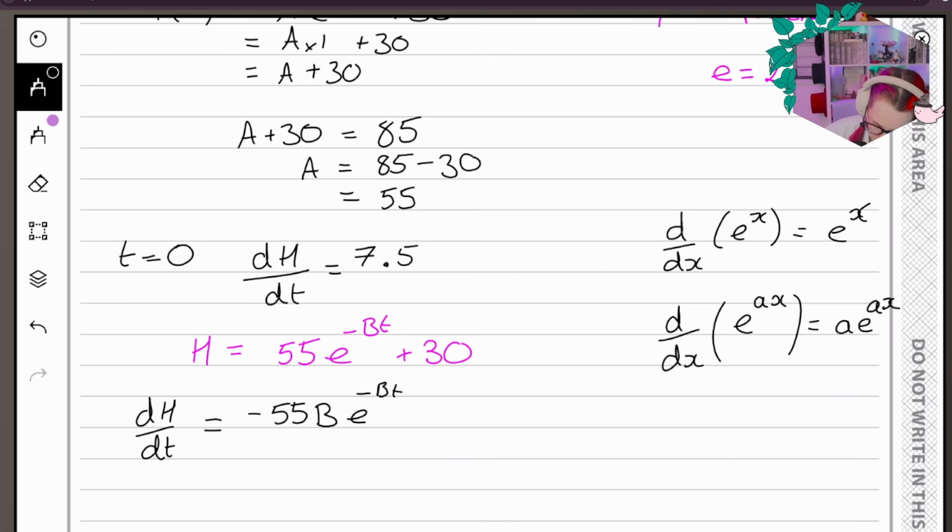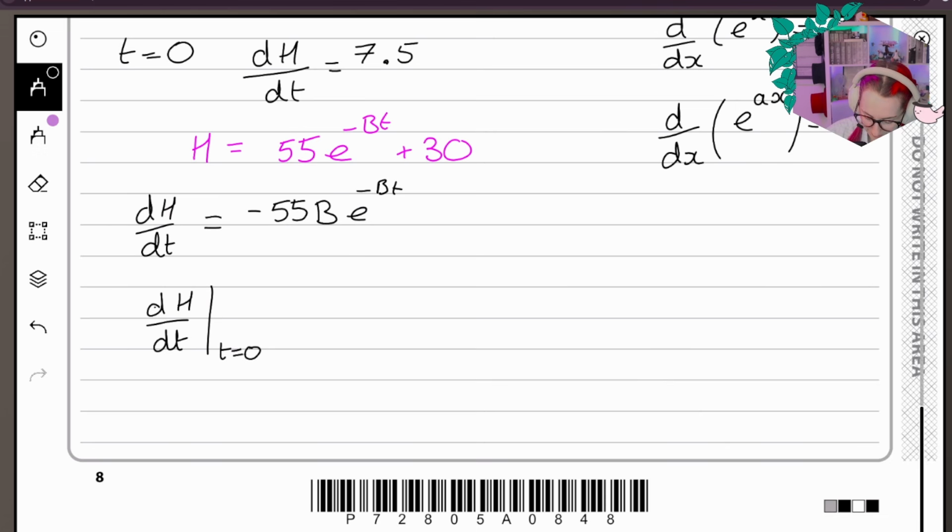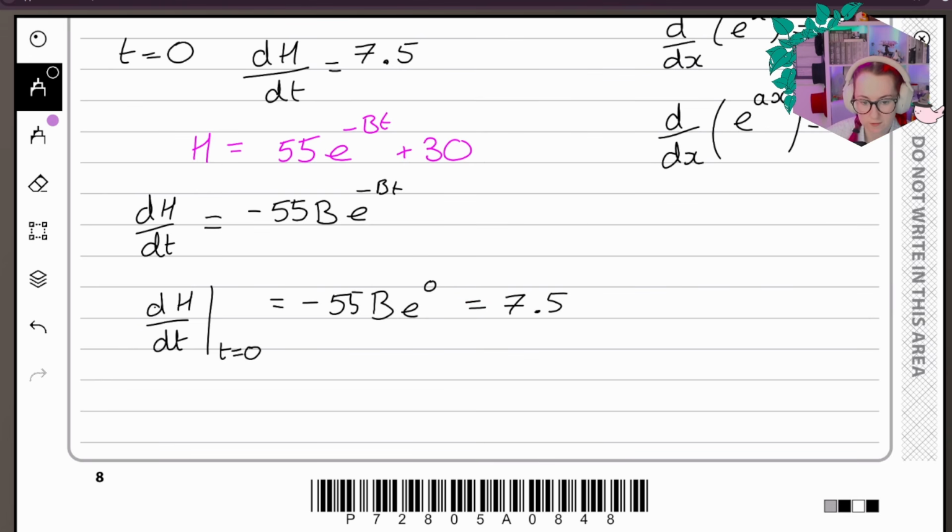And then we were told that this is equal to dH/dt evaluated at t equals 0. That's what that line means. I'm taking it at this point, which is minus 55b e to the 0 equals 7.5. So we can now just look at this bit and this bit and try and solve that. e to the 0 is 1. So I get minus 55b equals 7.5.